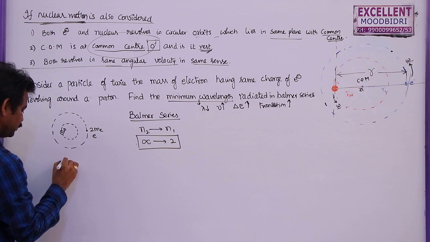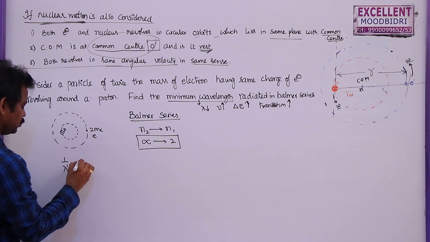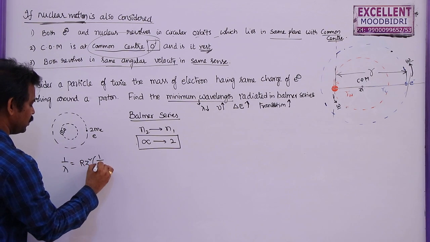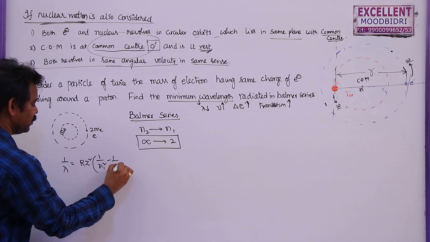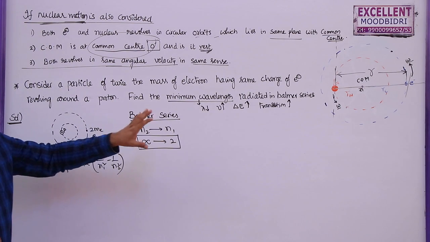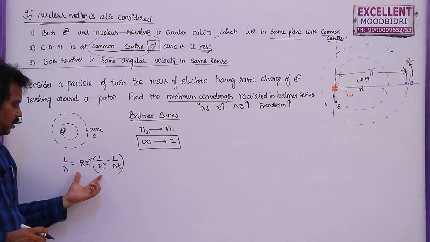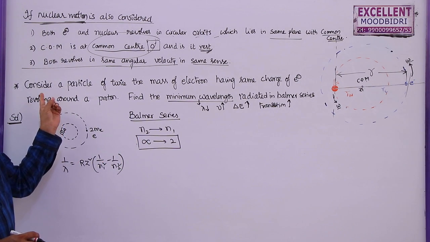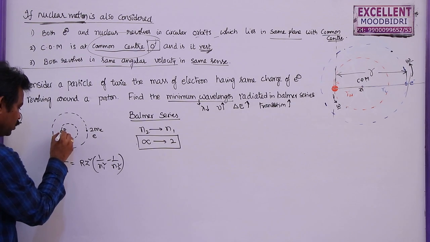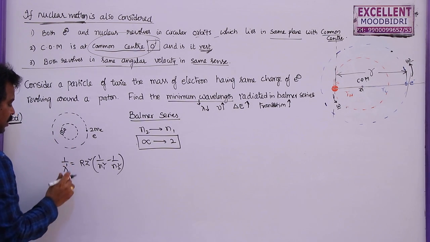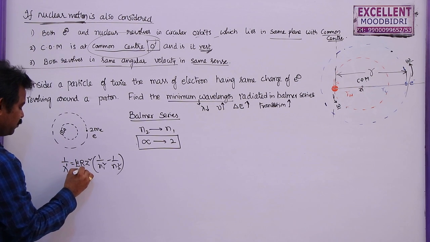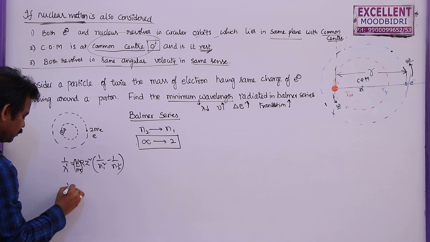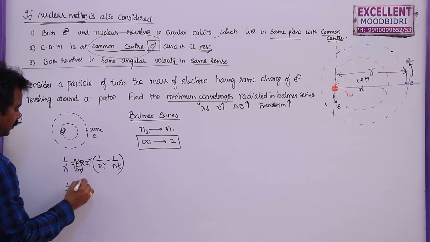Now I am going to write this expression: 1 by lambda is equal to r into z square into 1 by n1 square minus 1 by n2 square, if the motion of the nucleus is not considered; we used this formula in PUC. But here, if the motion of the proton is considered, 1 by lambda dash will become mu by me, that is reduced mass by mass of electron, into r z square. What is this mu?